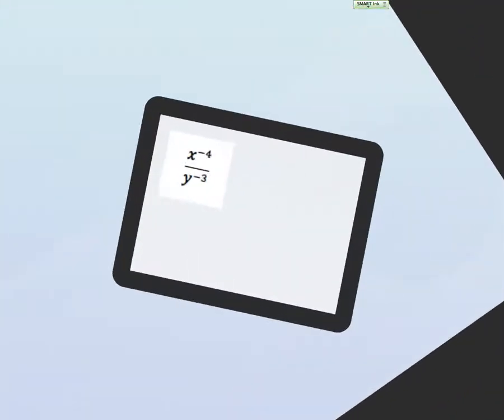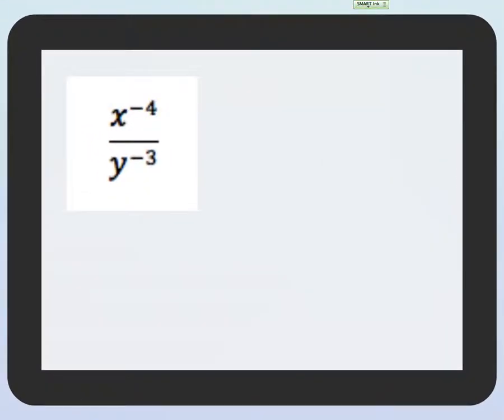All right, so this first example, I want you guys to write that without any negatives. So what do I do with this x if I don't want that to be a negative 4?